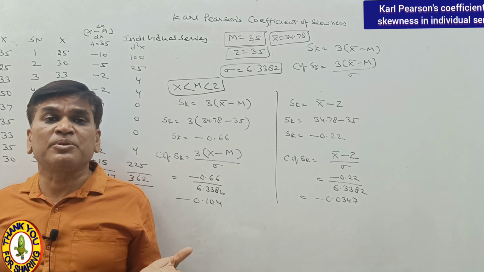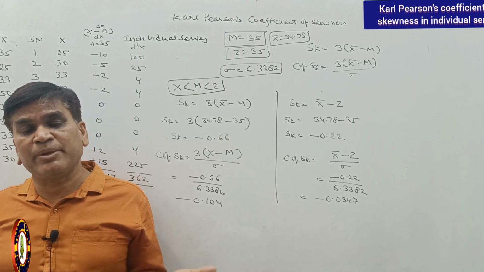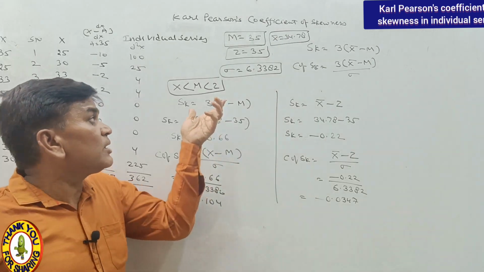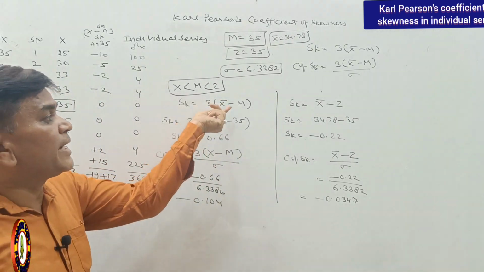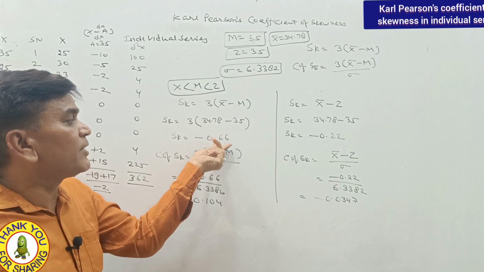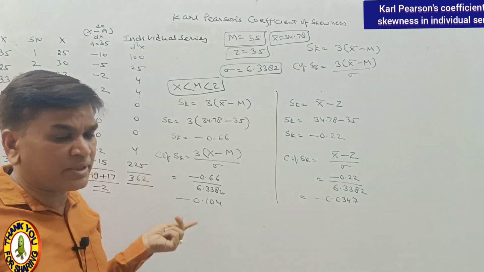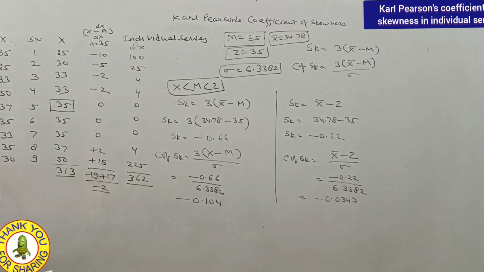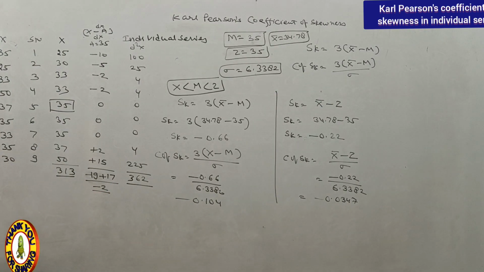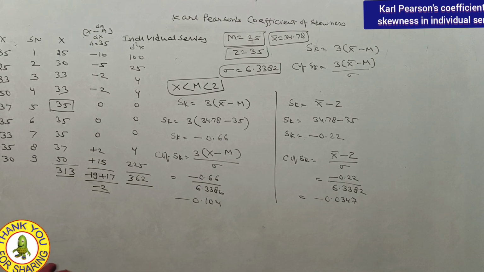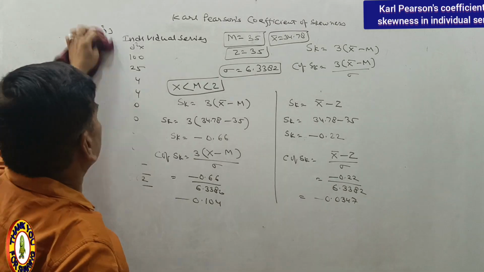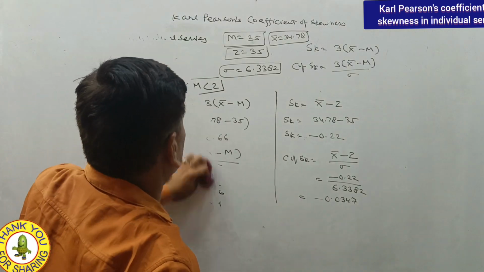Very easily you know how to calculate arithmetic mean, how to calculate median, how to calculate standard deviation, and getting all these values, putting 3 x bar minus m, you will get the value of skewness, and the coefficient of skewness also you can calculate, that is minus 0.014. Now we have another example to make perfection on the calculation of the Karl Pearson value of skewness in the case of individual series.